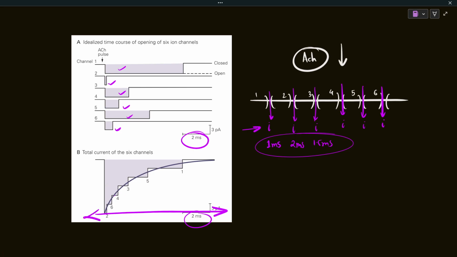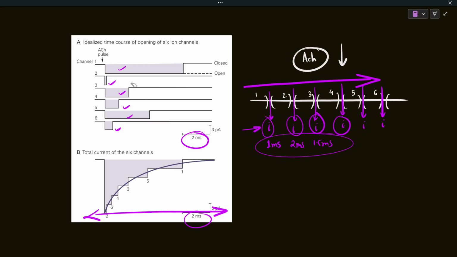When you take a look at the total ion current flowing through this membrane, you see a smooth decay curve, just like a radioactive decay. The current dies out smoothly, and this is due to the generation of the same amount of current for different time durations.